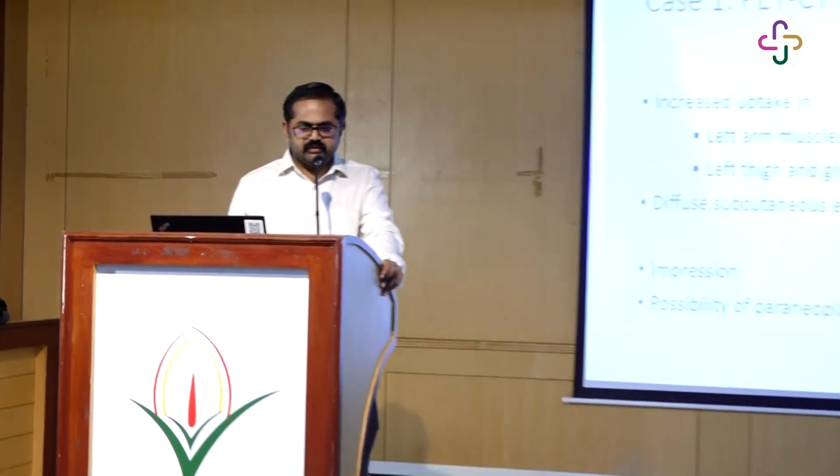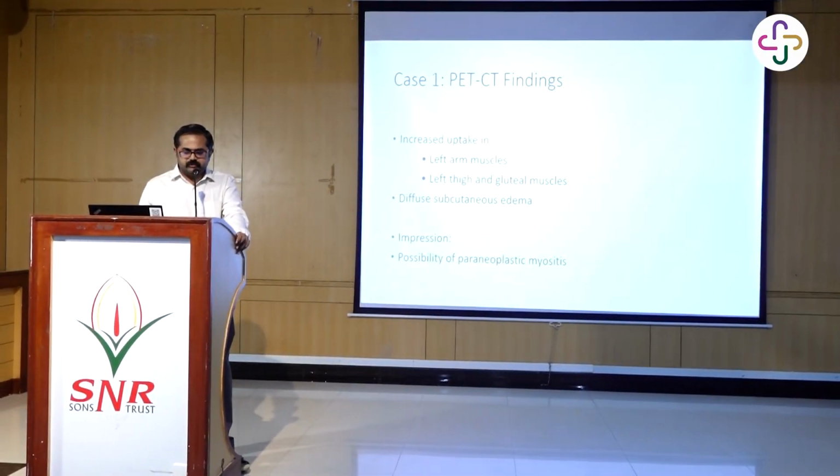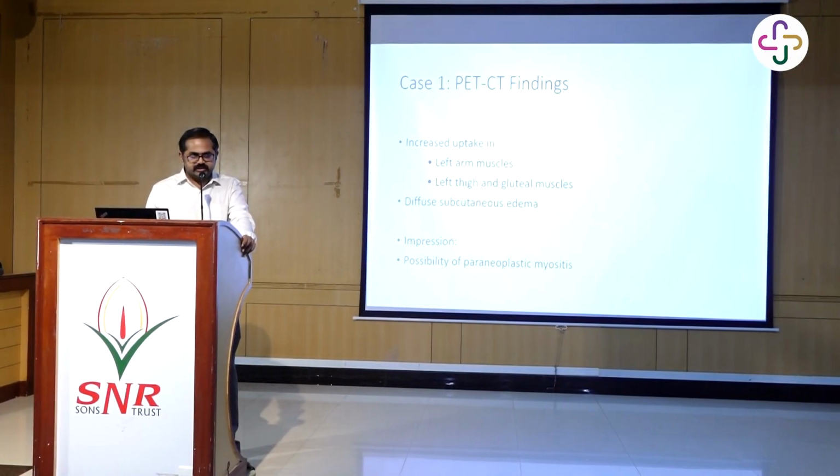So they did these investigations. Nerve conduction study was normal, MRI was normal, muscle enzymes were normal, and echo was also normal. So they went for PET CT. PET CT showed increased uptake in left arm muscles and left thigh and gluteal muscles only, with diffuse subcutaneous edema. So a possibility of paraneoplastic myositis was considered.